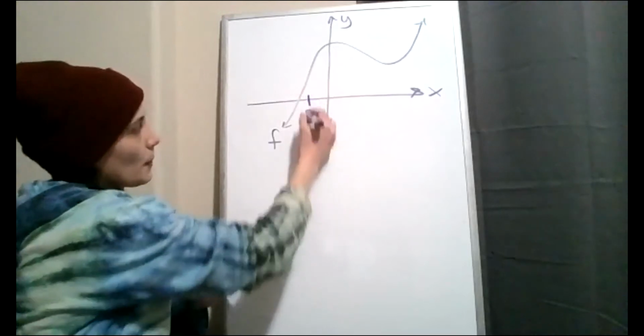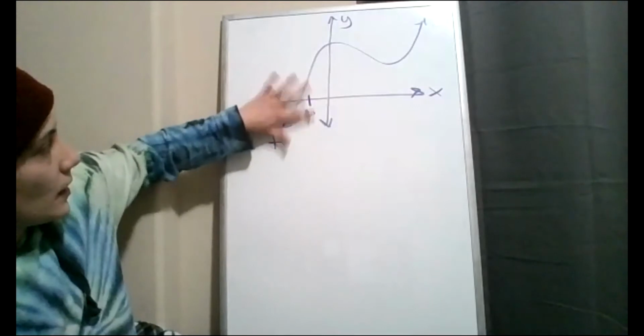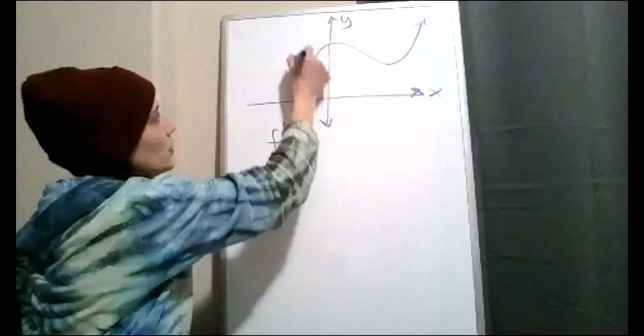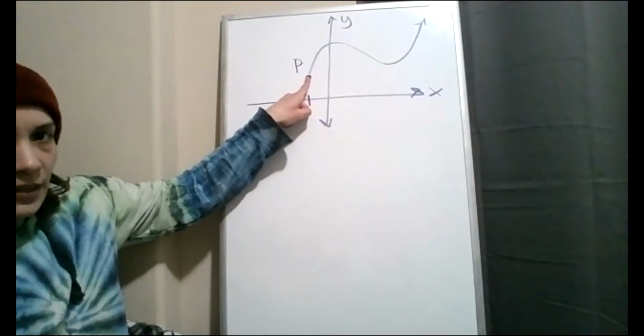Here, this is point P. At point P, we'll draw a tangent line.